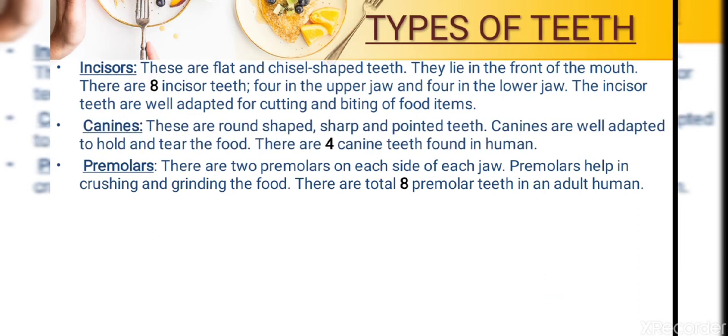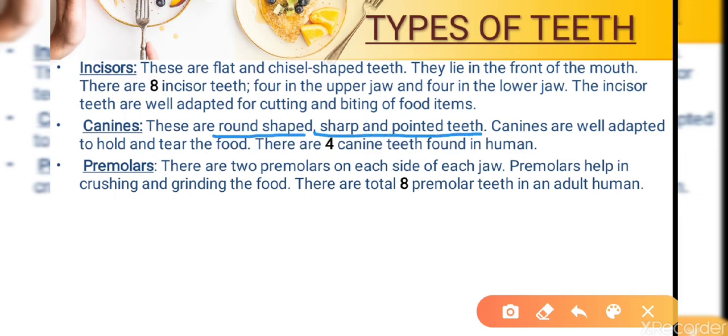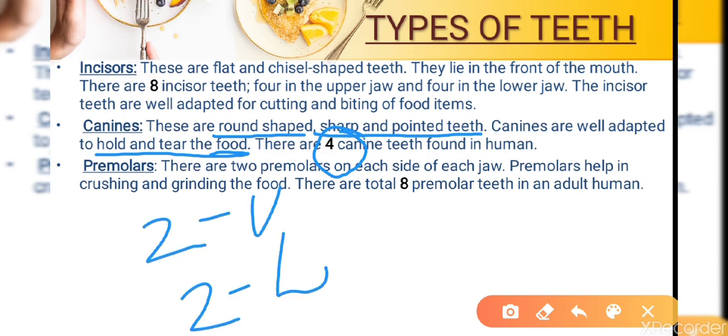Next we have canines. Canines are round shaped, sharp and pointed teeth. They help in the tearing and holding of the food. Canines are 4 in number, 2 in the upper jaw, 2 in the lower jaw.